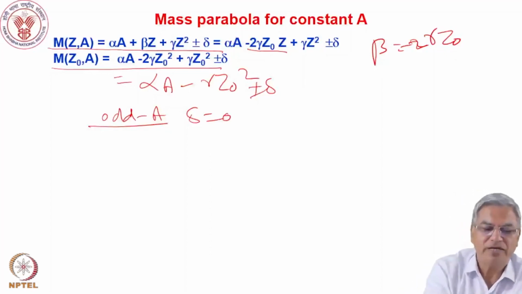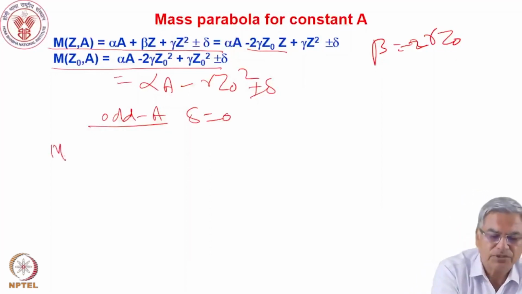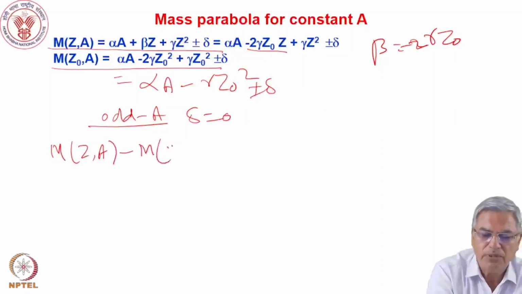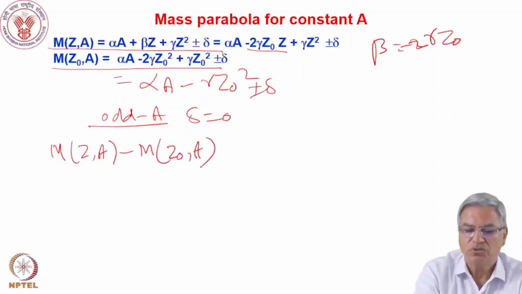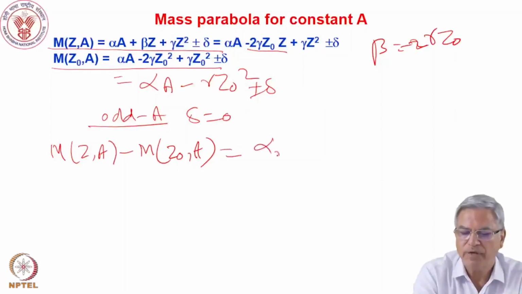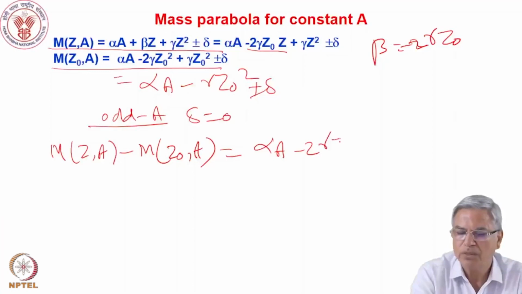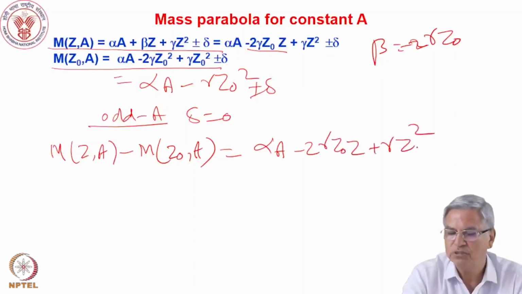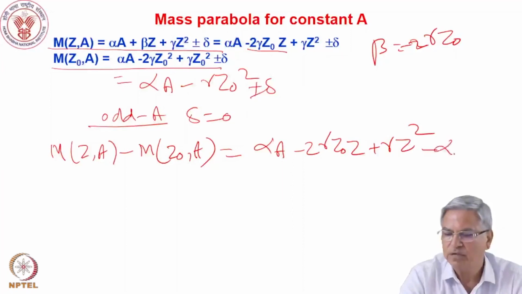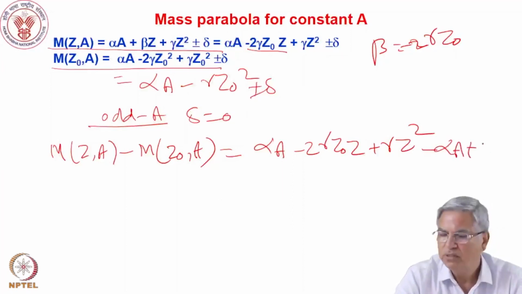So let us try to find out the mass difference M(Z, A) minus M(Z0, A). You subtract: it will be alpha A minus 2 gamma Z0 Z plus gamma Z square, minus alpha A plus gamma Z0 square.